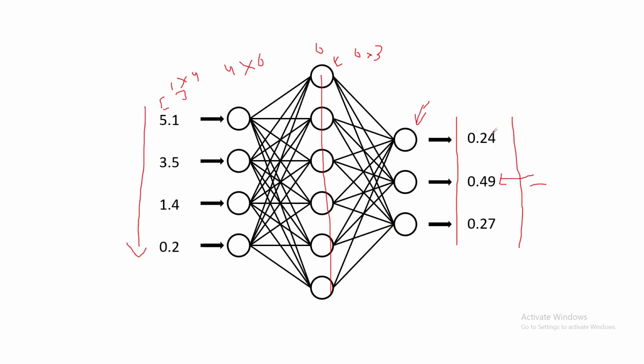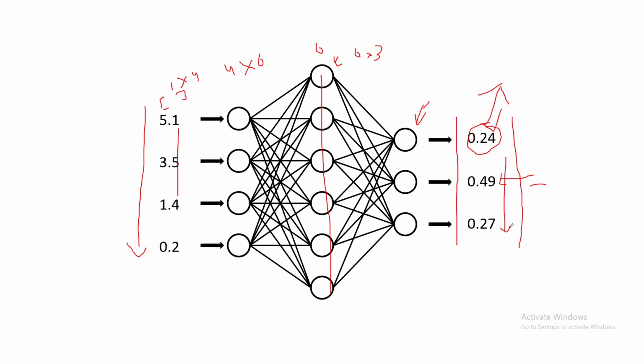But that is wrong. We know that this is from the training data, and hence we have the label, which means we know that this belongs to the setosa class. So we will try to train the model in such a way that whenever this particular sample is given, the value for setosa goes up, because we know this is setosa, and all these other values go down.